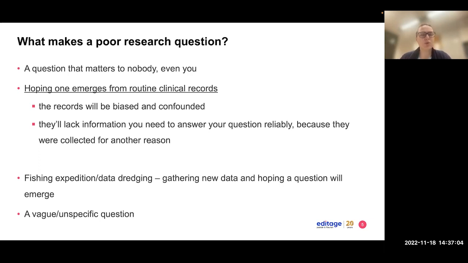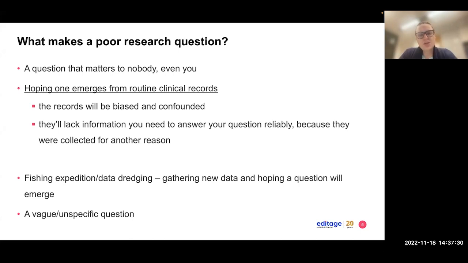So in general, when looking at the possibility of generating information from retrospective studies, you need to have really, really good documentation in order to make a good study. And records will usually be biased and confounded, so you need to take that into account when developing your question.